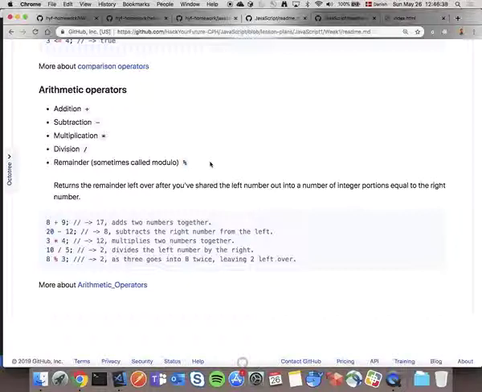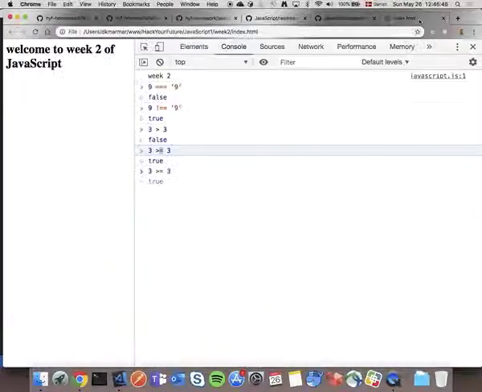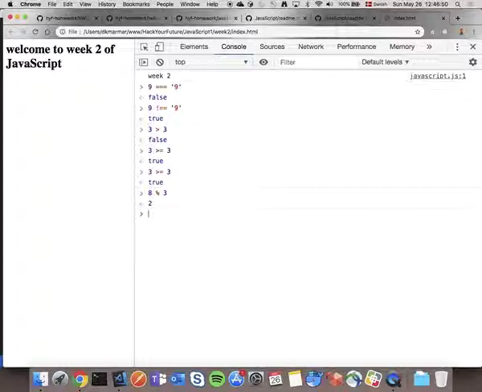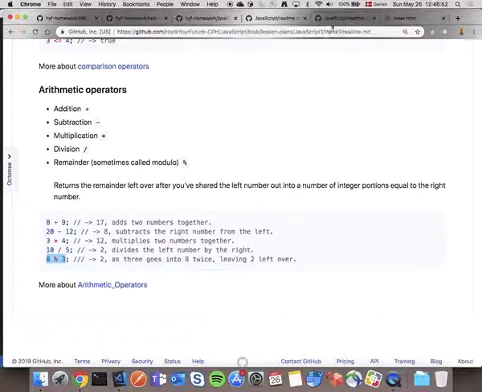Now, the ones who studied mathematics might know what this is, which is the, oh, no, not here. How to explain this one? It's the leftovers of the division.